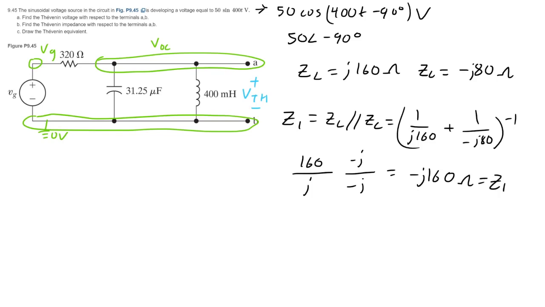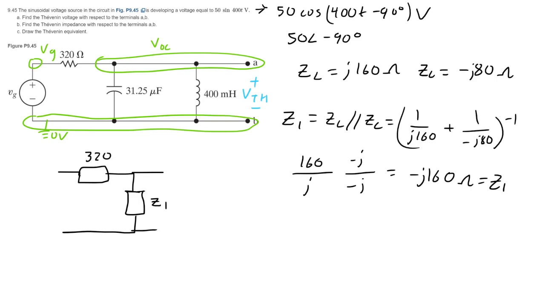The reason why I did that is because I want to form an impedance divider and use that to find out what VTH is. So here's our Z1, and this is going to be 320 ohm.